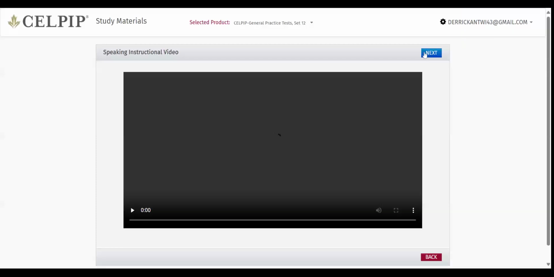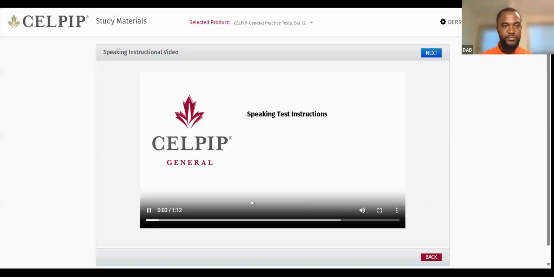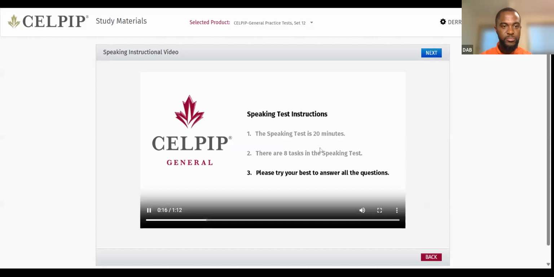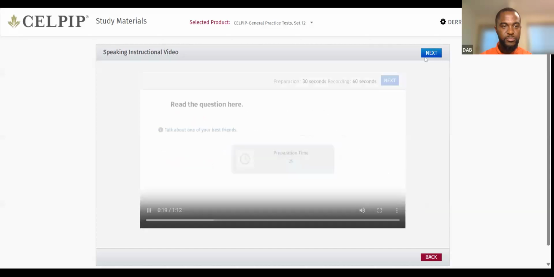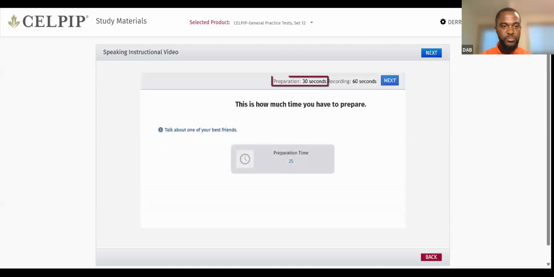So this is Speaking Task One. Let's have a look at how it looks. This is how the speaking test will appear. Test instructions.